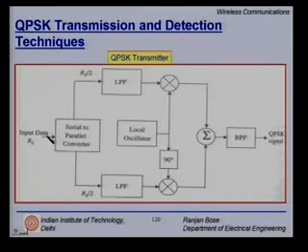So you have a serial to parallel converter and you split the bits, and then you have a local oscillator, in phase, quadrature, add, band pass filter it and send out the QPSK signal.